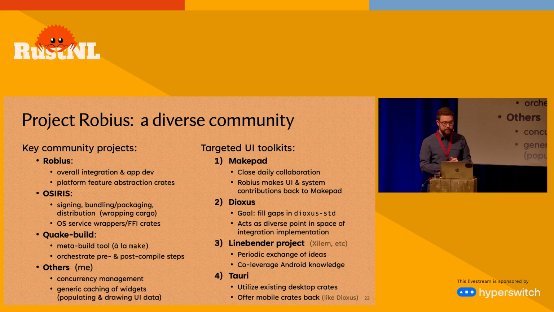We are targeting, but we hope to target more of these UI toolkits. Our collaboration with them varies based on the project. With Makepad, I work with Rik Arends to request features and drive development there and make contributions back to Makepad when possible.